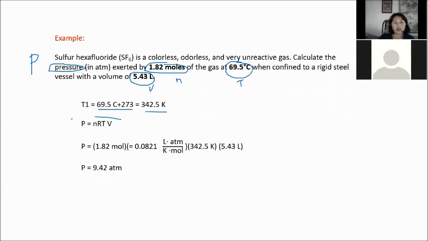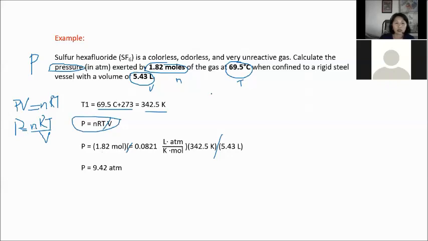And next, recall the ideal gas formula. Since we want P, kung i-recall natin, PV is equal to nRT. Kasi we want P, so P therefore is equal to nRT, i-divide natin yun ng V. So this is nRT over V. Okay, so next thing is to substitute.